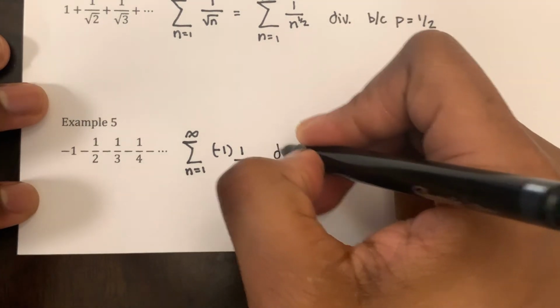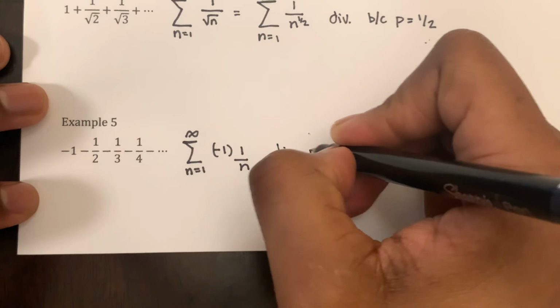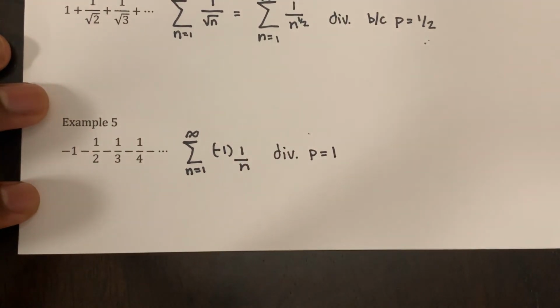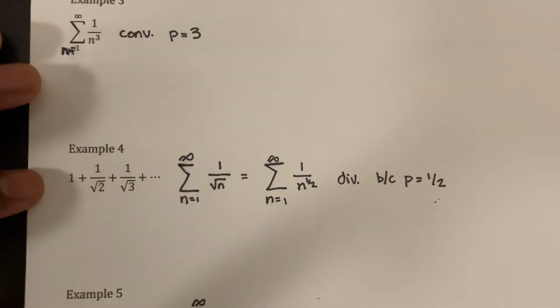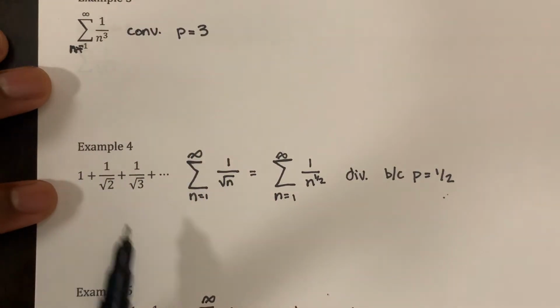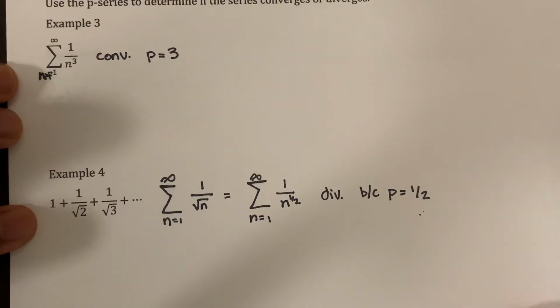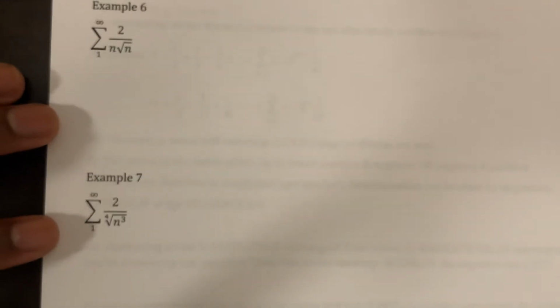So this is also going to be divergent because p equals 1. So you see how simple the p-series is. You're just looking at the exponent for n. Sometimes we have to rewrite it in series form, but other than that, there is not much work.